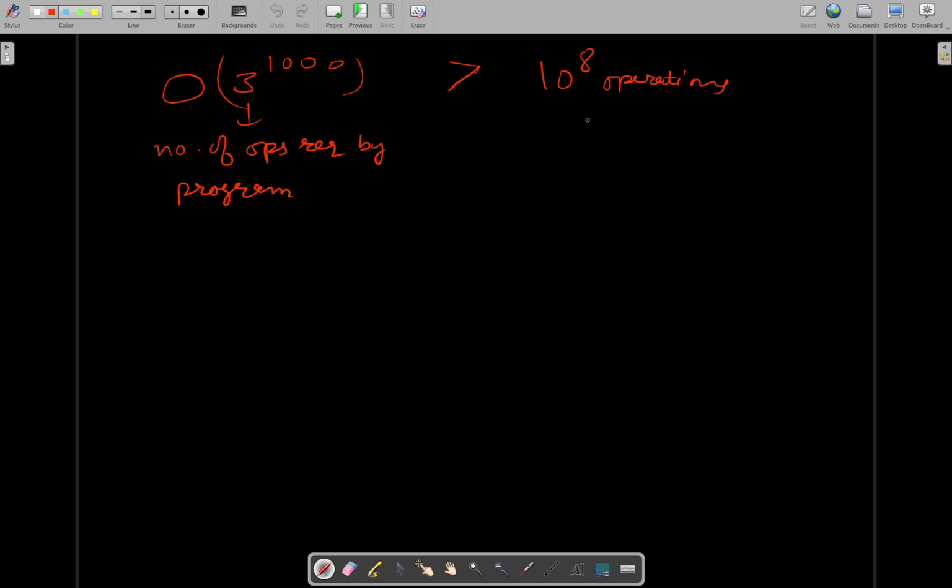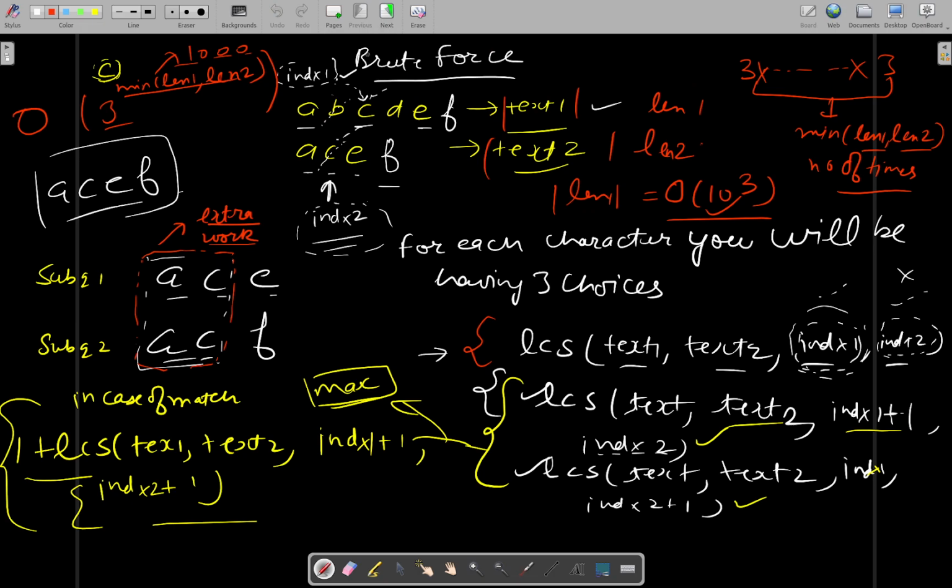Okay, and this is our operation limit. If the number of operations in your program exceeds or becomes equal to this operation limit, then you may get a TLE and your solution will not be accepted here. So in order to get your solution accepted, you have to optimize this particular approach. Brute force approach is needed to be optimized.